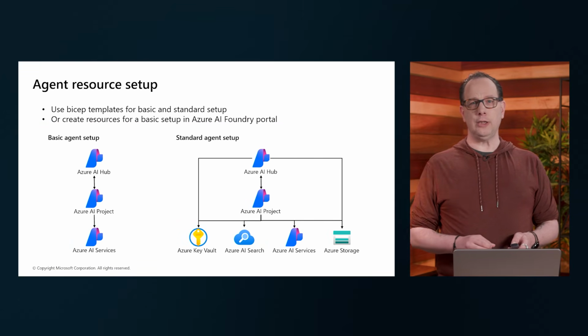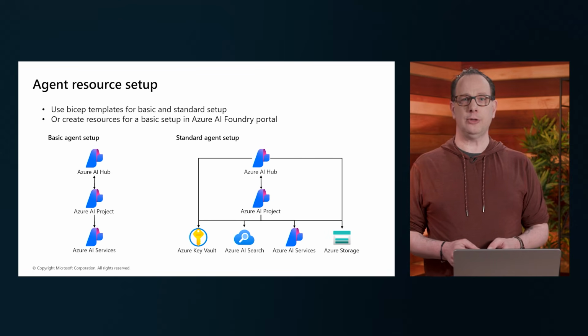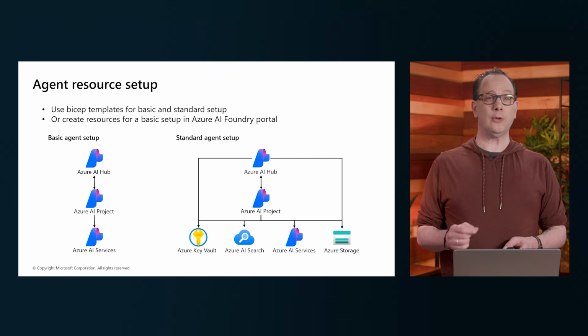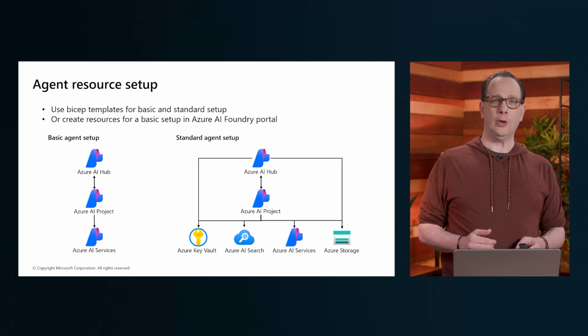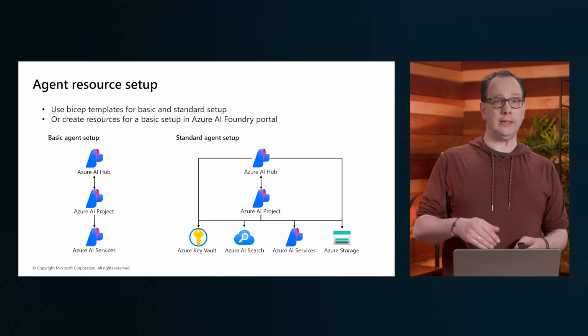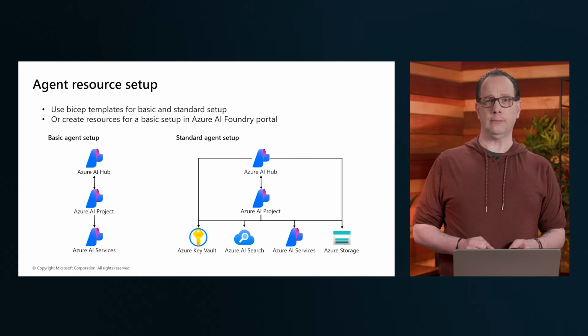Now, Azure AI Agent Service is fully managed and designed to help developers build agents without having to worry about underlying resources. Through Azure AI Foundry, the Agent Service will provision the necessary cloud resources.